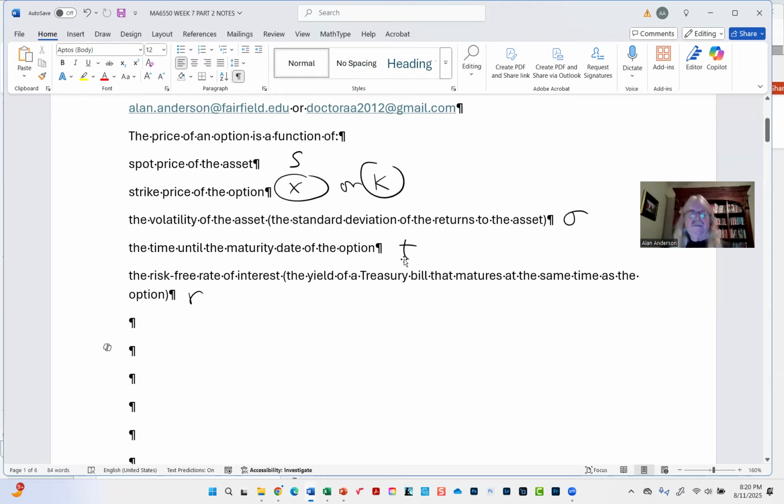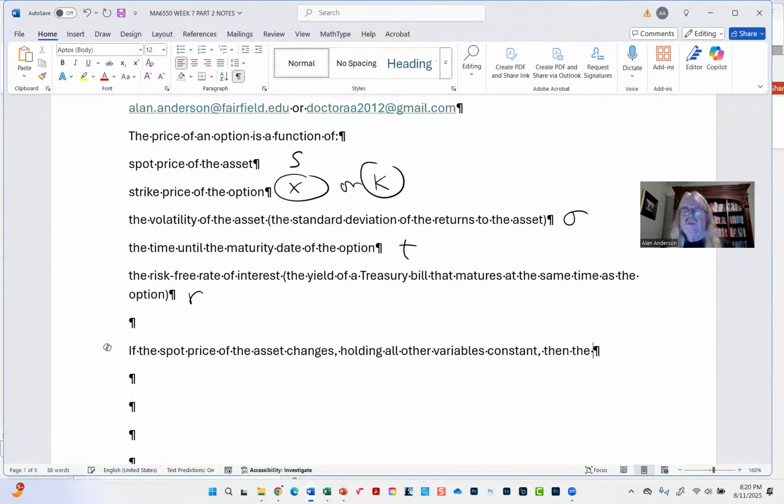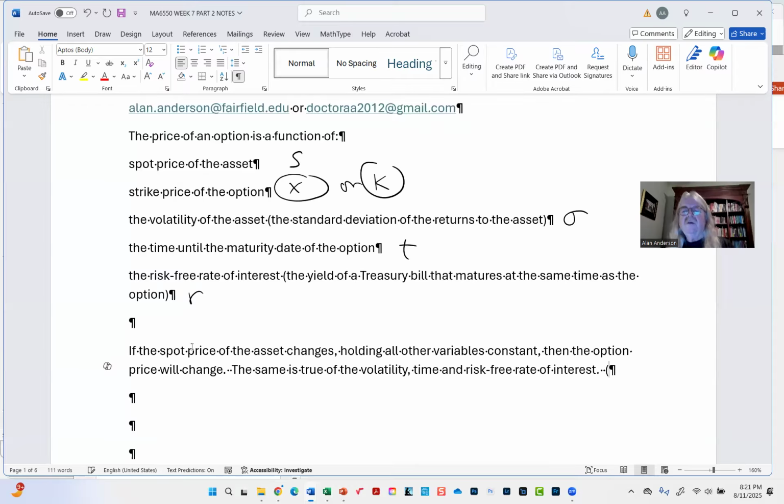Now, of course, all this implies that if the spot price of the asset changes, all else constant, then the option price will change. Same is true of volatility, time, and interest rate. Note, of course, the strike price is a constant, so we can't change it.